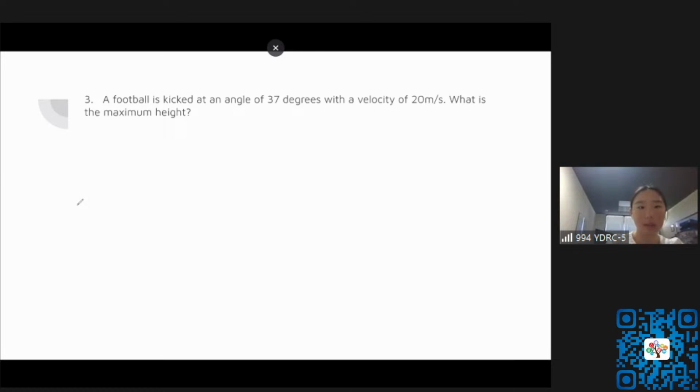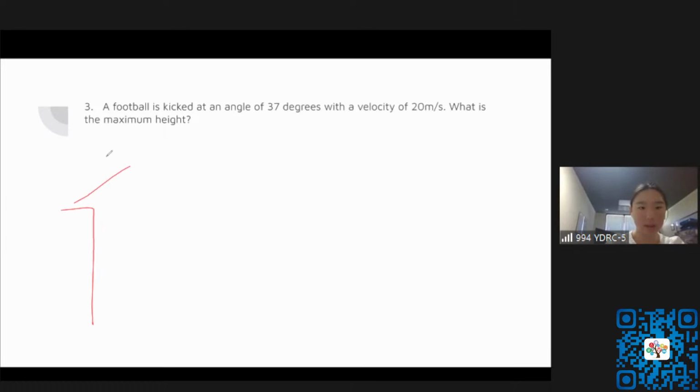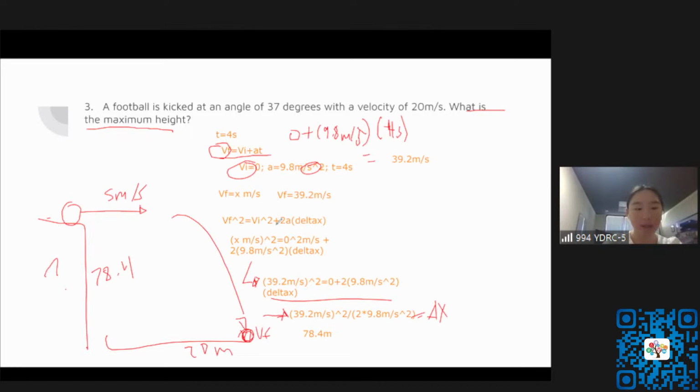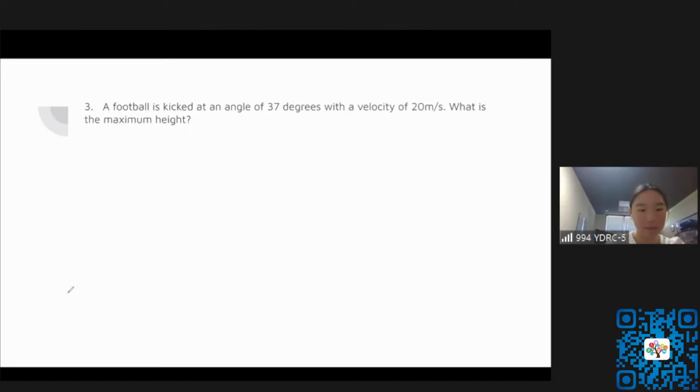Basically, this looks like 20 meters per second. And there's no height. So first thing you want to do is split it up into a Vy component and then a Vx component.